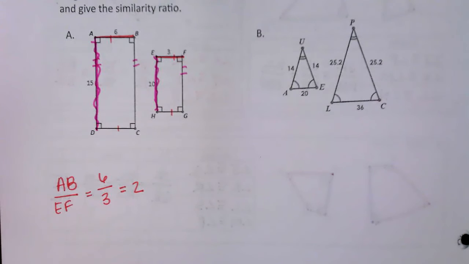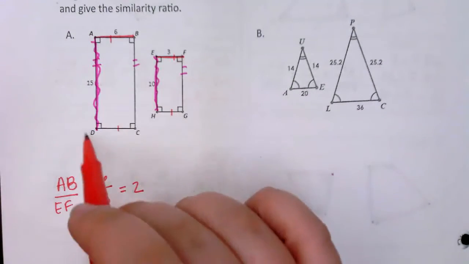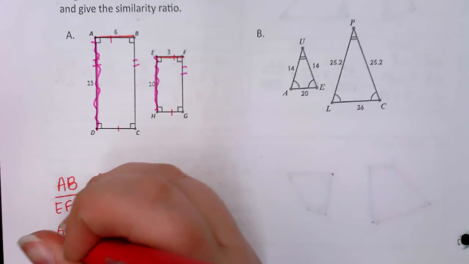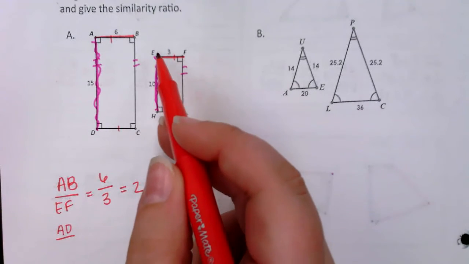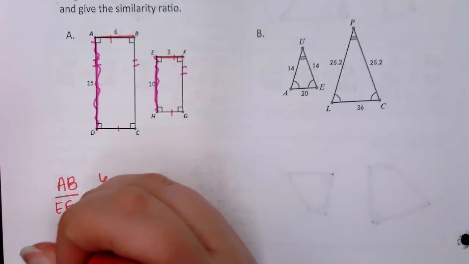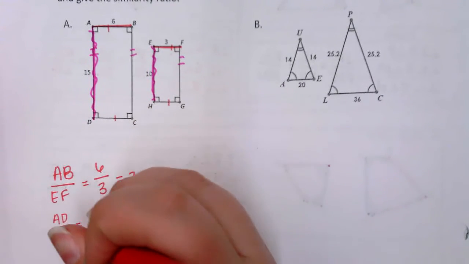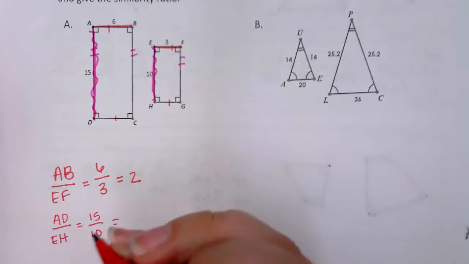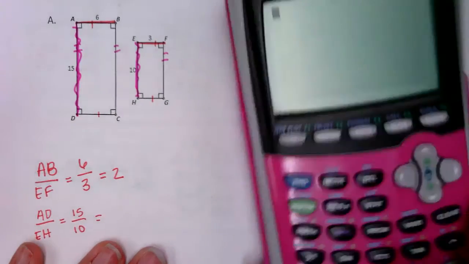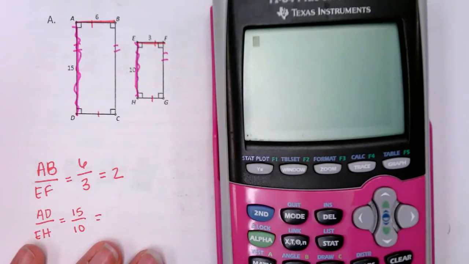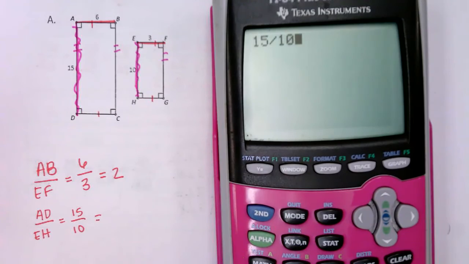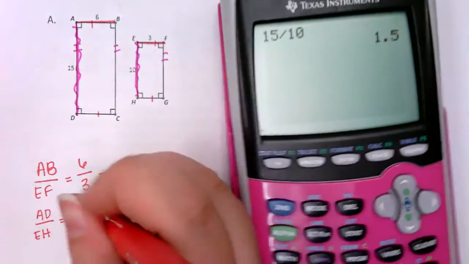Let's try the next one. So AD is the pink side in the first rectangle, and then that corresponds with EH. AD is 15, EH is 10. Now this one doesn't come out perfectly. We can use our calculator, but right away I can already tell it's not going to be 2, right? This one is 1.5.